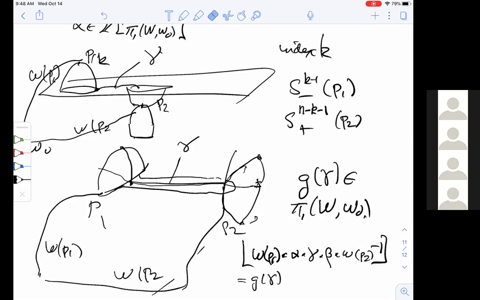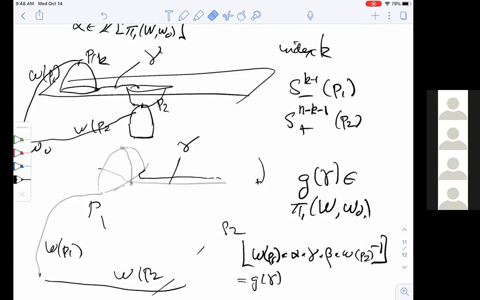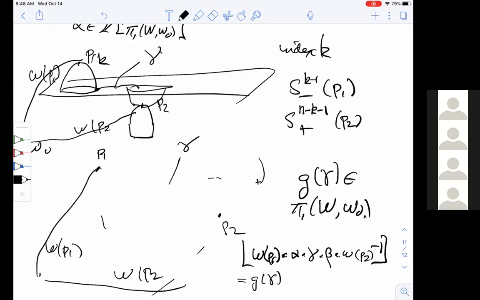Let me draw a better picture here. So here's my critical point P1. Here's my critical point P2. I have a path to P1. I have the descending manifold from P1.